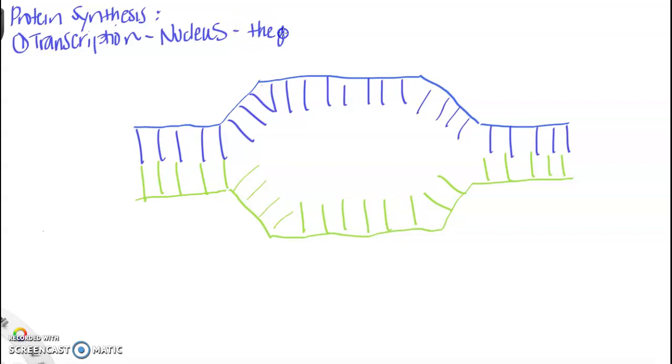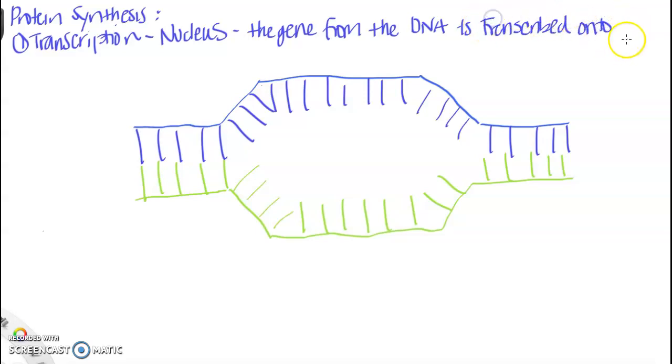So the gene from the DNA is transcribed onto mRNA. So we're getting our recipe for our protein.